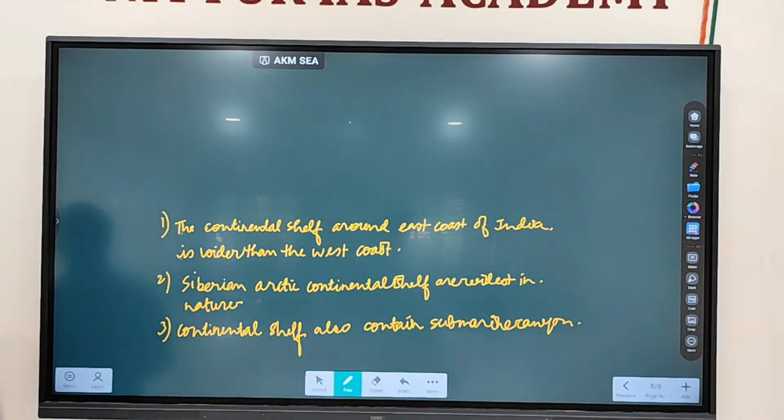Which statement is correct? One is correct. Second one is also correct. Third is wrong. Anyone else?